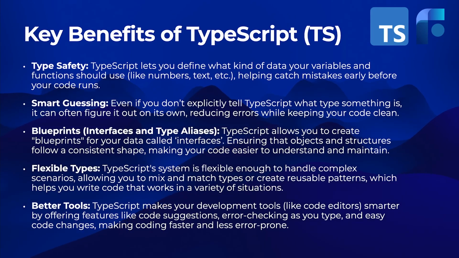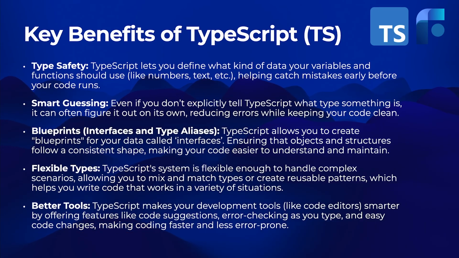Well, that's not what we're expecting, and that's not what the user is expecting either. So we have types in place as a safety net to prevent these types of things from happening, this mismanagement of data, and this safety net for your front end basically helps catch mistakes early before your code runs, which is a huge benefit of TypeScript.